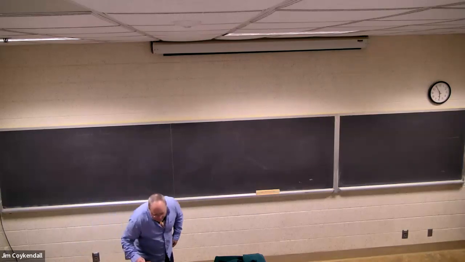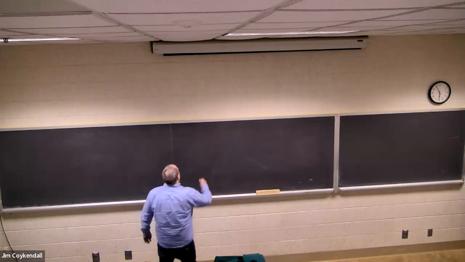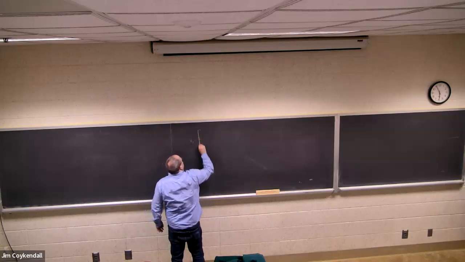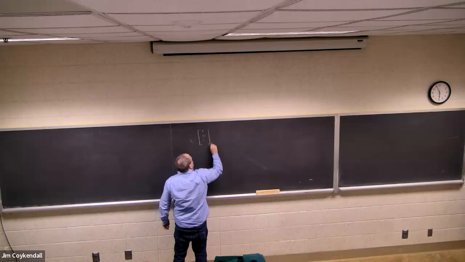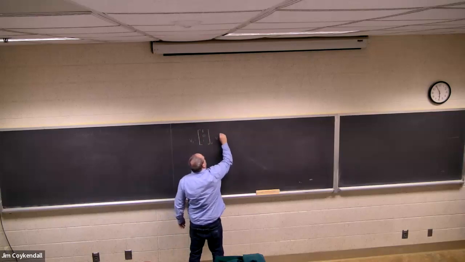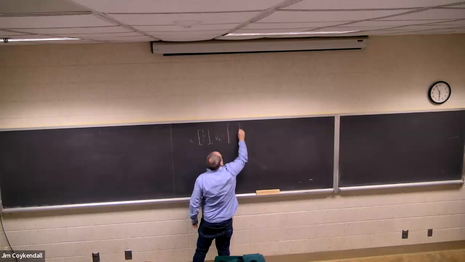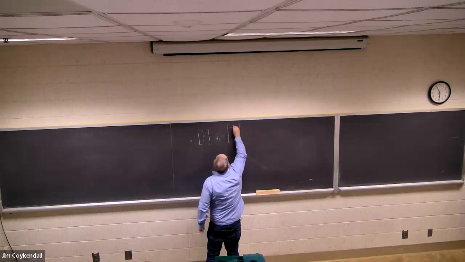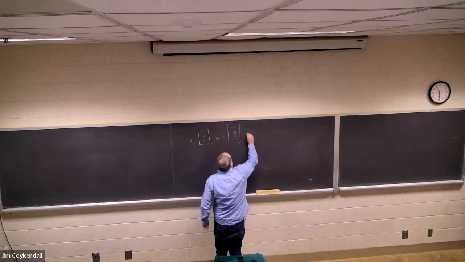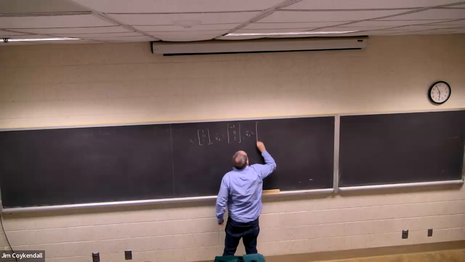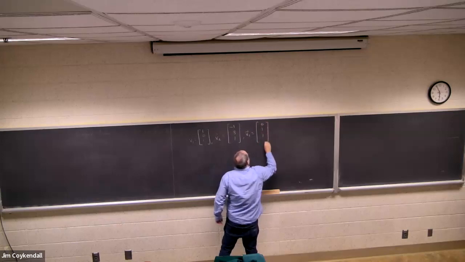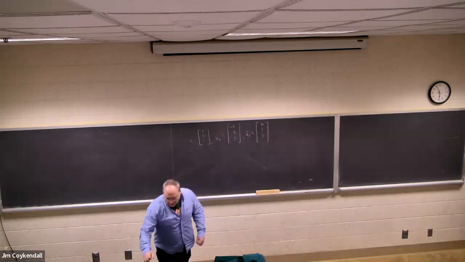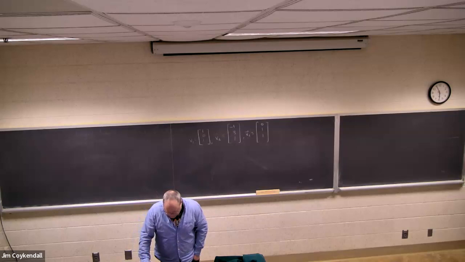So, we've got these vectors here, 3, 1, 2, 3. Okay, so there's your 3 vectors.